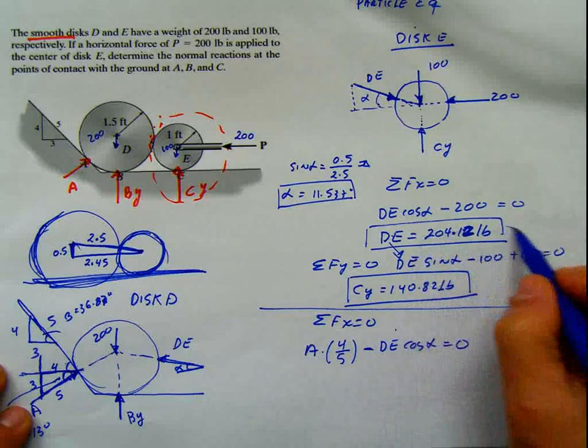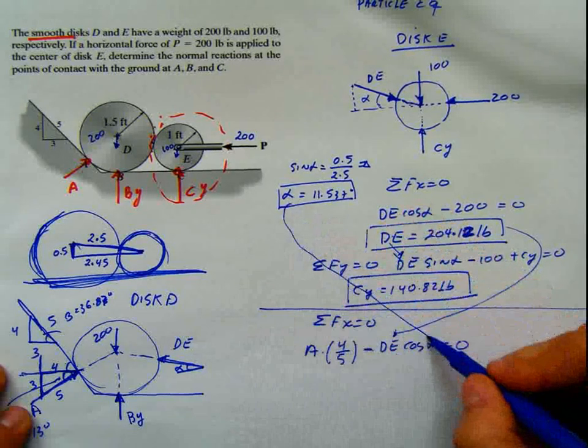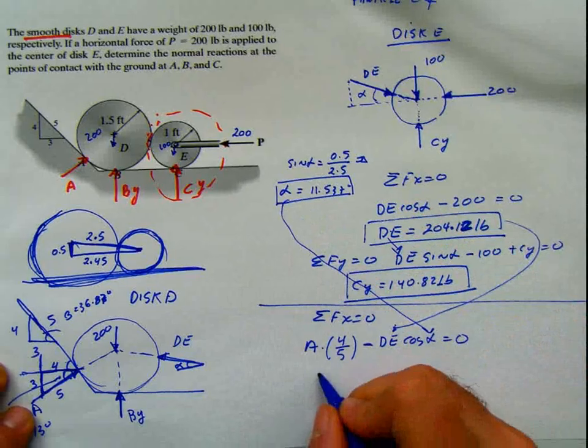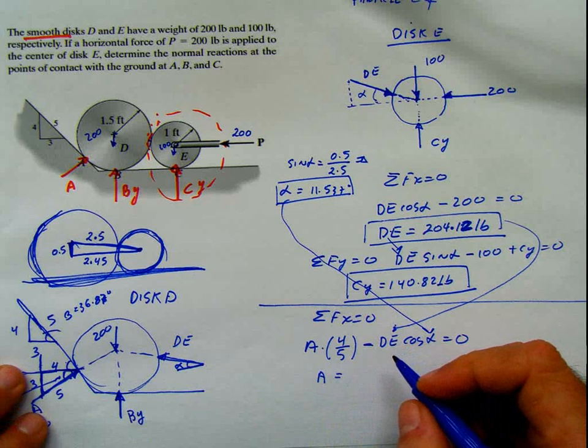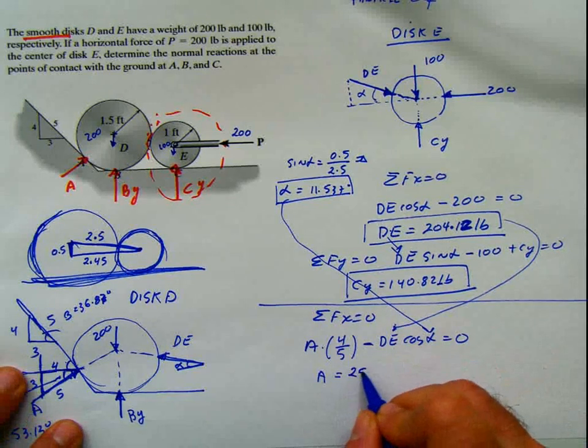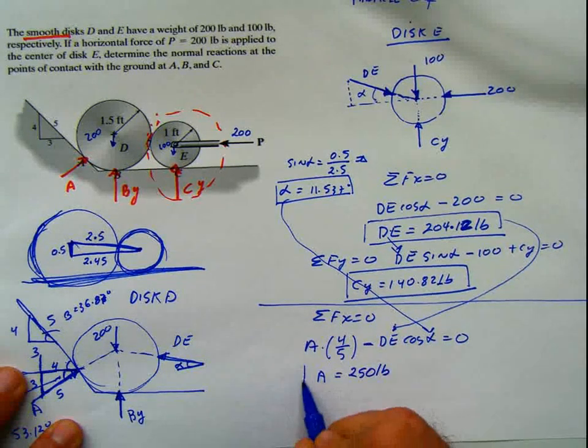I know the DE and I know alpha. Then A is going to be 250 pounds.